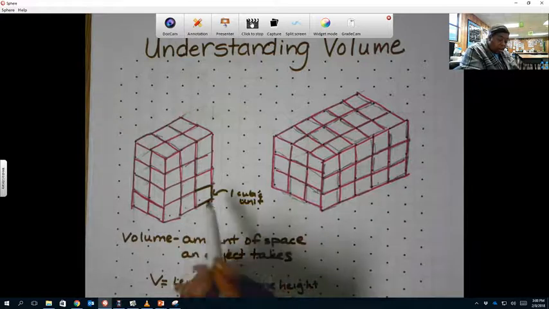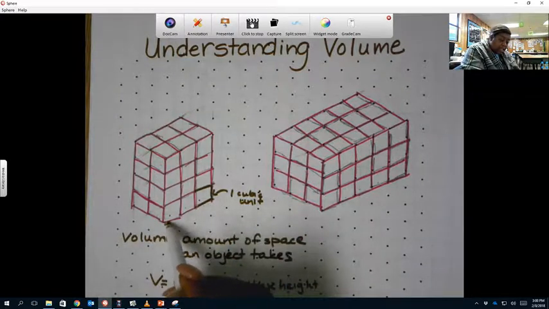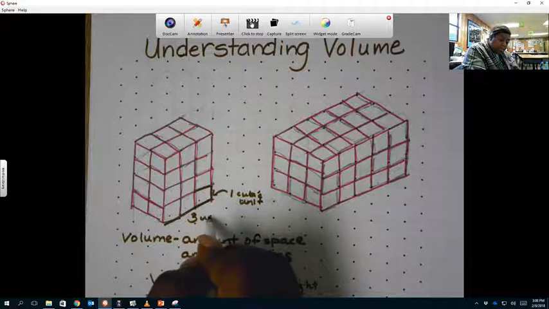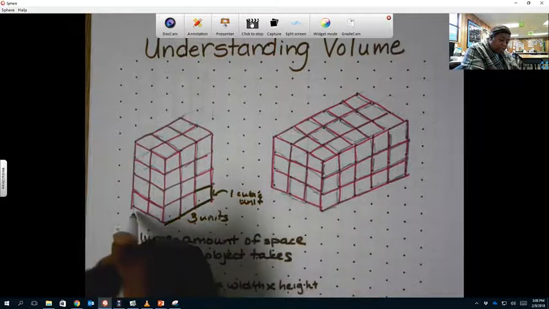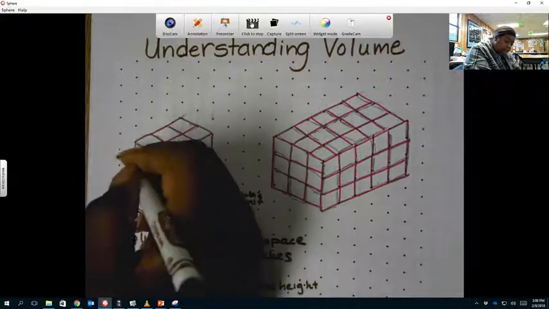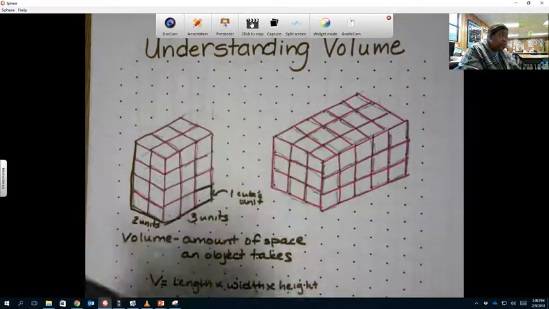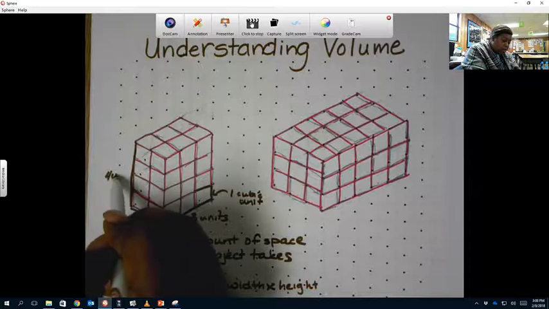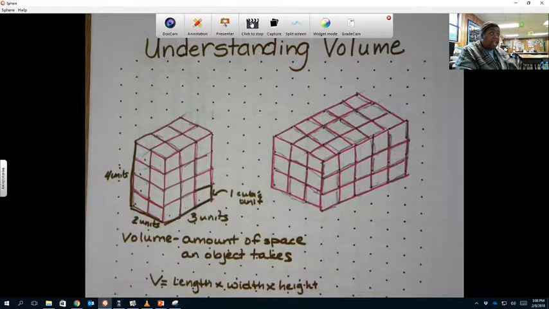We could also look at it this way. This would be the length, which would be 3 units. This would be the width, which would be 2 units. And this, the number of layers, 1, 2, 3, 4, would be the height.